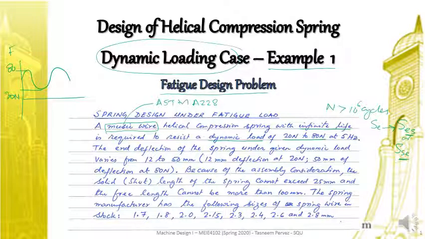That's what it means. The end deflection of the spring under the given dynamic load is 12 to 50 mm. What it means, at this particular load, Y is 12 mm, and at this particular load, Y is 50 mm.